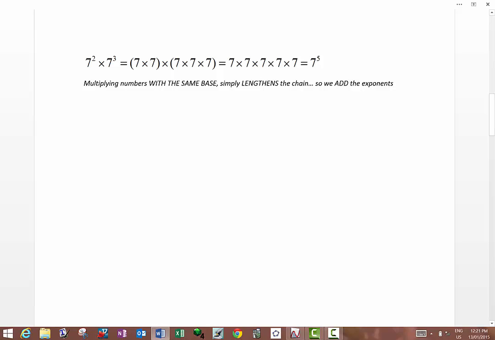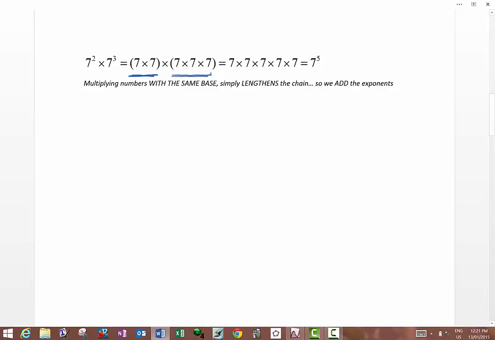So, one of the most simple operations you'll be asked to deal with in exponents is multiplying numbers written as exponents together. In this example, 7 squared times 7 cubed. Well, 7 squared simply means 7 times 7, and 7 cubed means 7 times 7 times 7. Now, multiplication, the order doesn't matter and the hierarchy doesn't matter.